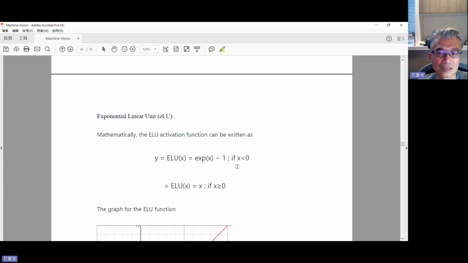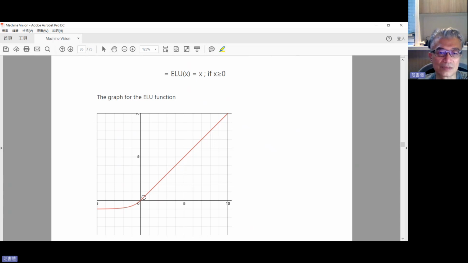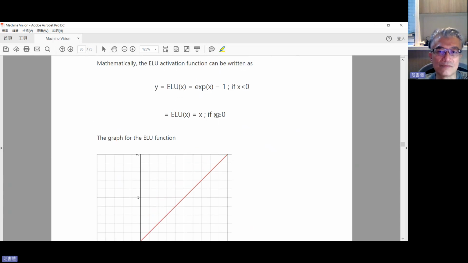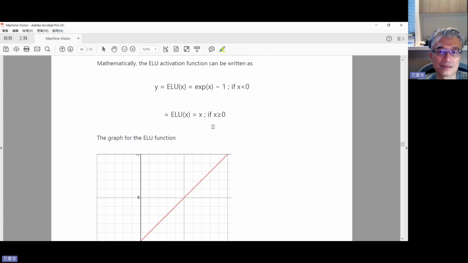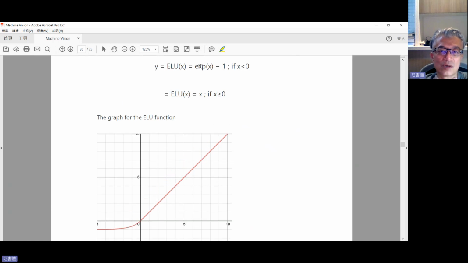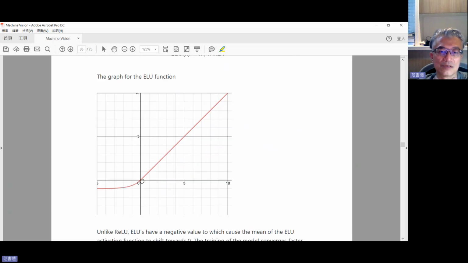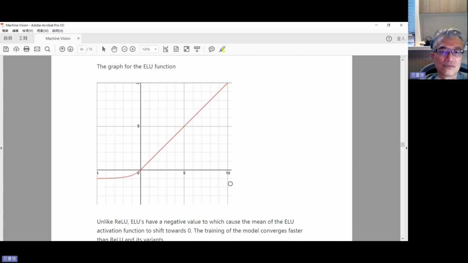If x is greater than 0, this is a 45 degree line. If x is less than 0, it is the exponential of x minus 1. At 0, the exponential is 1, minus 1 is 0. So for smaller values this is going to be negative, still exponentially increasing. Then this is the graph for the ELU.